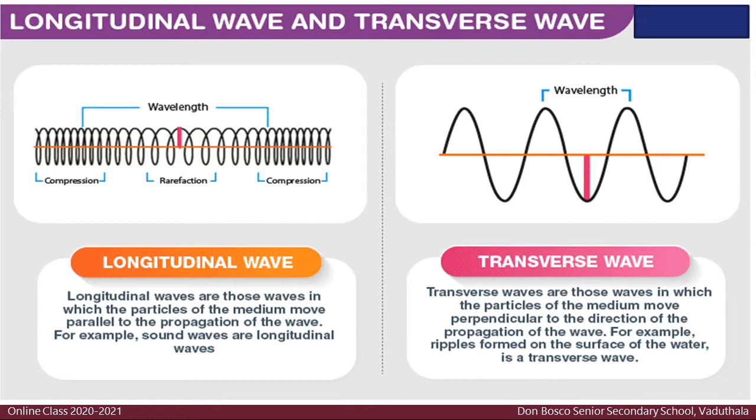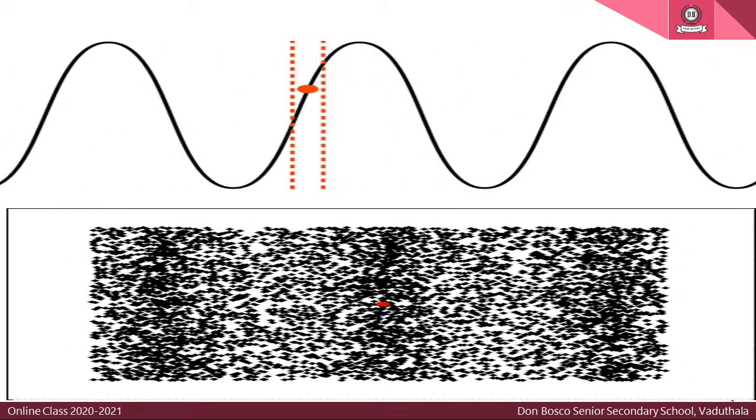Likewise, by making compressions and rarefactions, energy is propagating. But in the case of a transverse wave, like ripples, the particles are moving up and down, so crests and troughs are forming. These two types of waves you have already studied, I am just refreshing them.